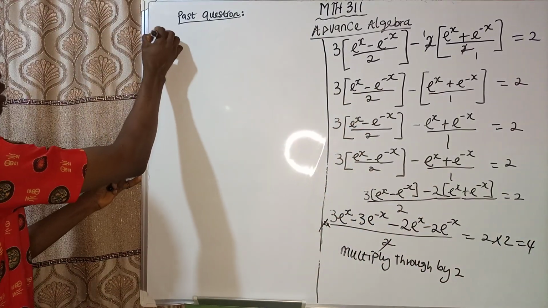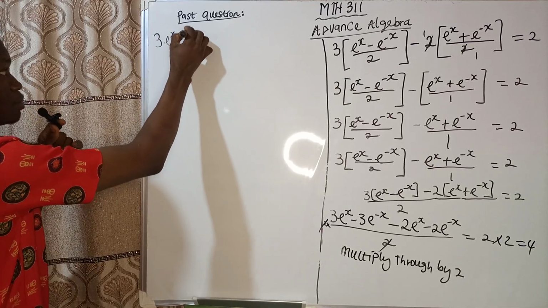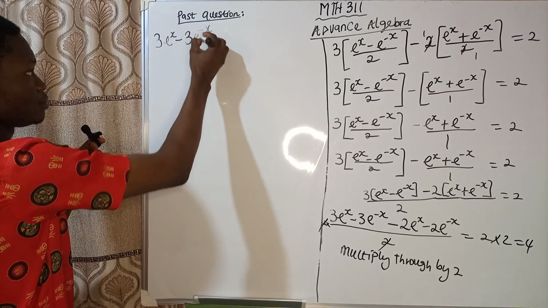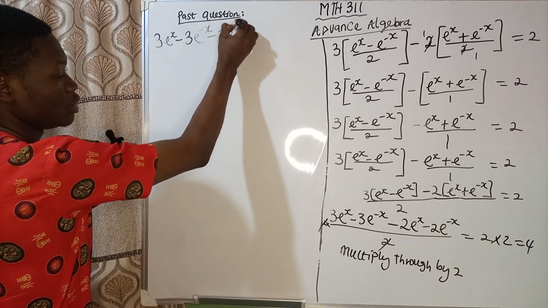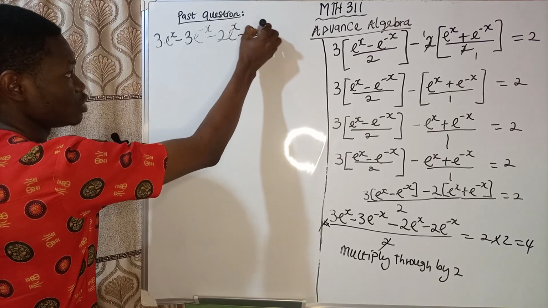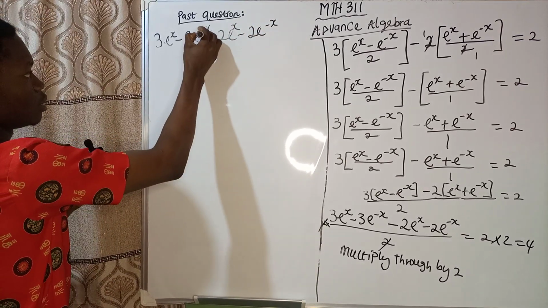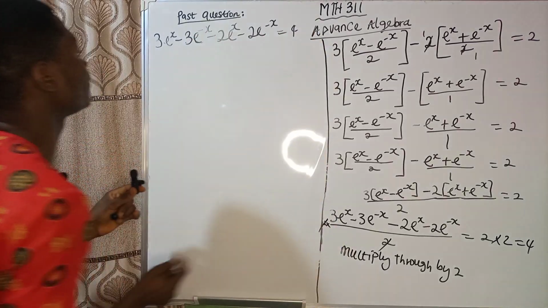So we are going to have 3 e^x minus 3 e^(-x) minus 2 e^x minus 2 e^(-x) is equal to 4.